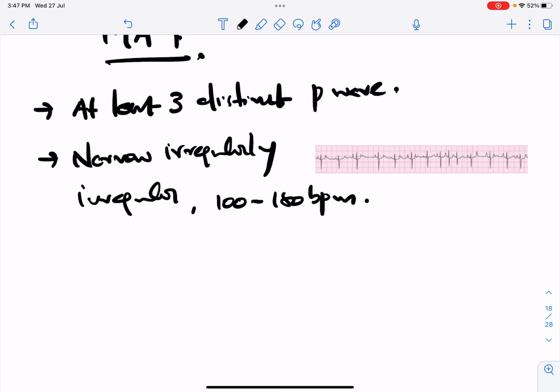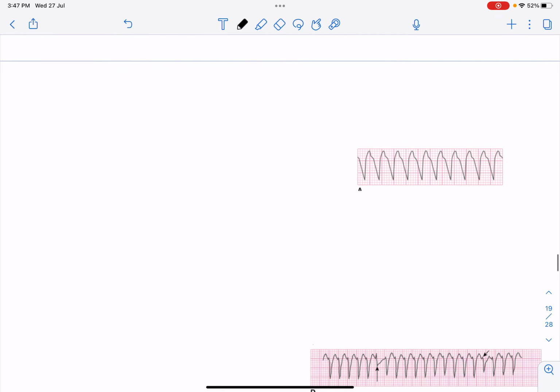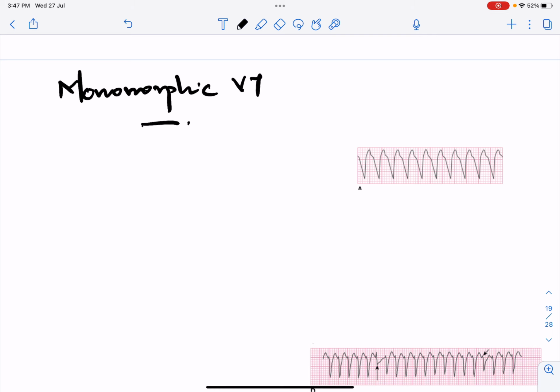So we have finished with the narrow complex tachycardias. Moving on to the broad complex tachycardia. In broad complex tachycardia, first we have monomorphic VT. In monomorphic VT, the ECG features are no P wave.